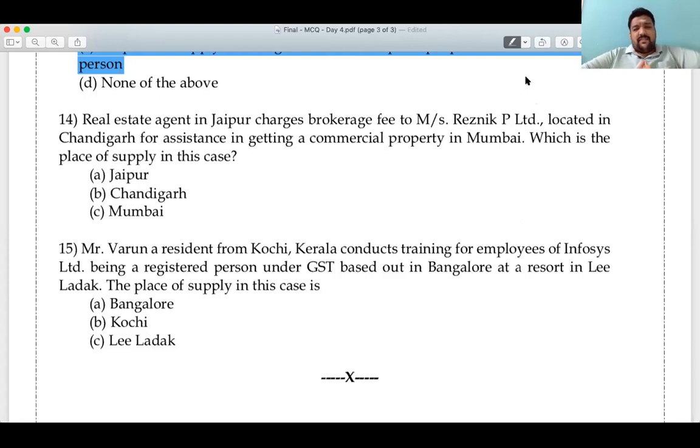The real estate agent is in Jaipur, the company is in Chhattisgarh, the property is in Mumbai. What would be the place of supply? Quick. These are all settled questions. For this, we should not take time at all.